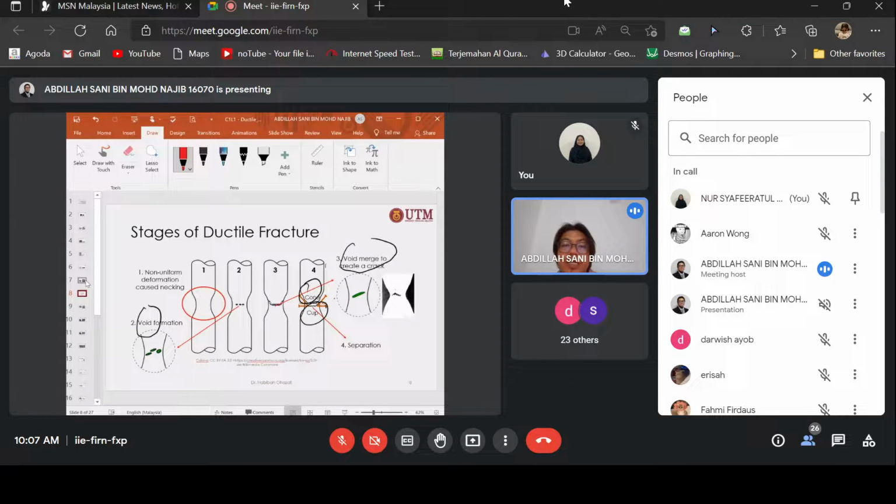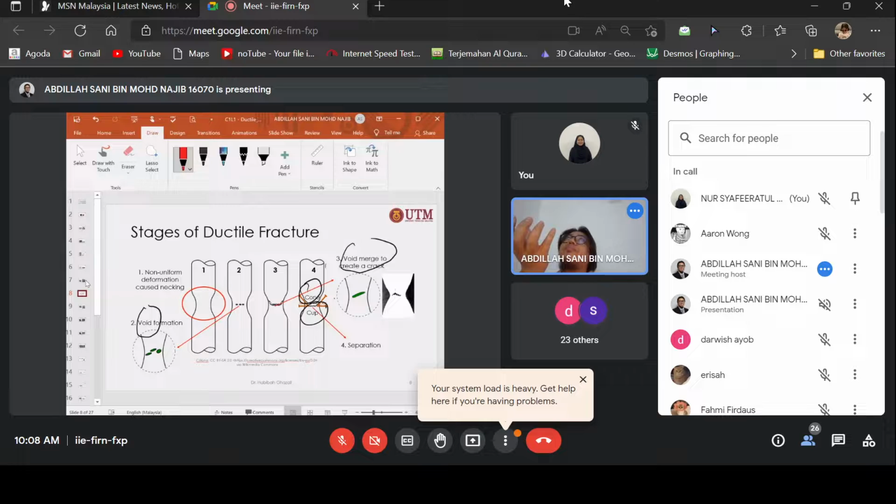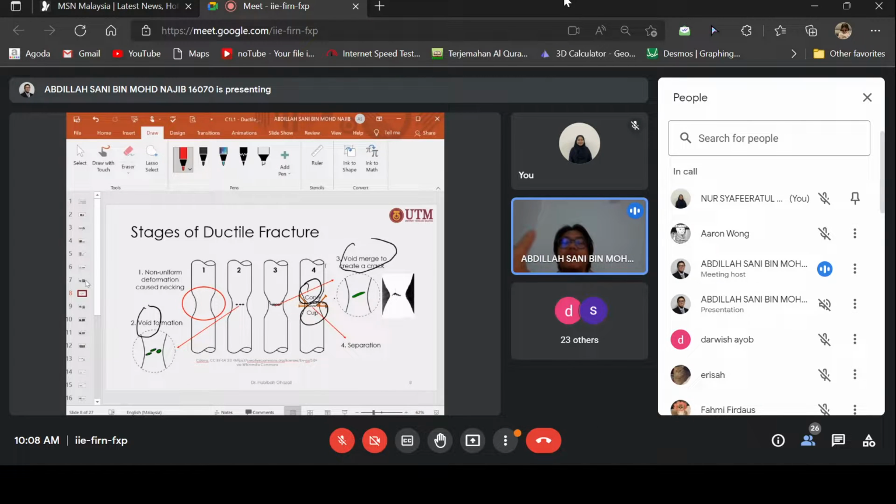Okay, for example, if you are having ductile fracture, the fracture will be in the form of cups and cones. Okay, cups and cones that signify the occurrence of plastic deformation.